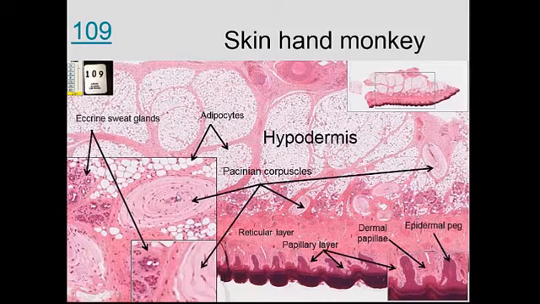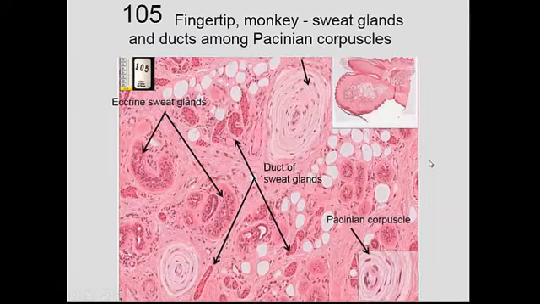Also, there are Pacinian corpuscles. You see these onion-like things in through there. And then we have an eccrine sweat gland. This is the one that makes you sweat throughout the body. Here's a duct of it. The duct is more eosinophilic, or red, as opposed to the secretory portion. So we have fat cells, adipocytes, in the hypodermis, and this is a deep pressure detector in through there.